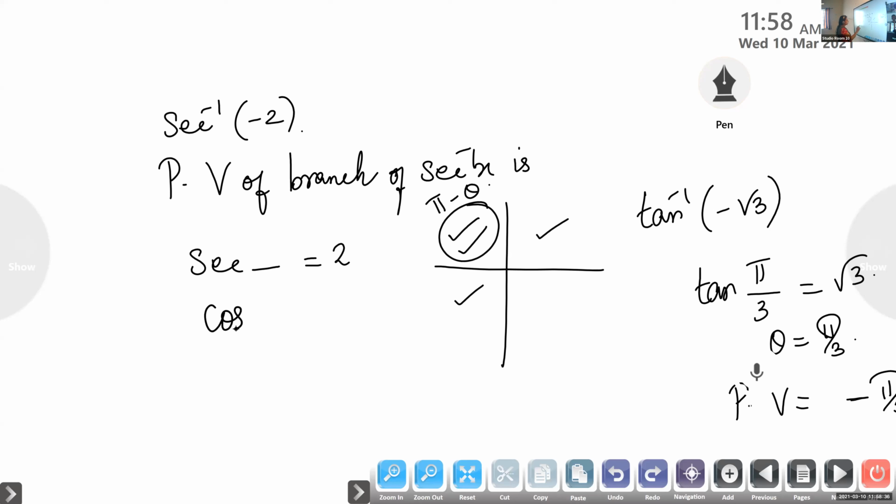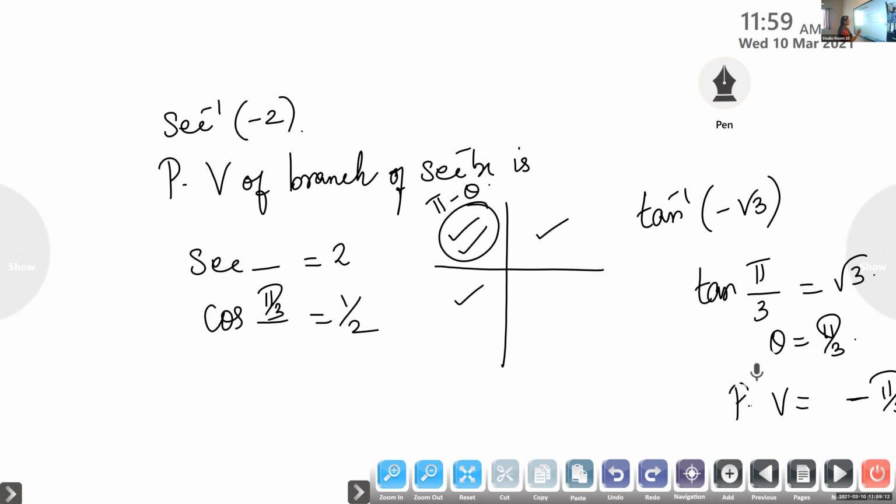So cos of dash, for which value will you get 1 by 2? Cos 45. Then, in the next class, learn the values of pi by 3 and come. Is it pi by 3 or 45? Pi by 3. Pi by 3 means 60.